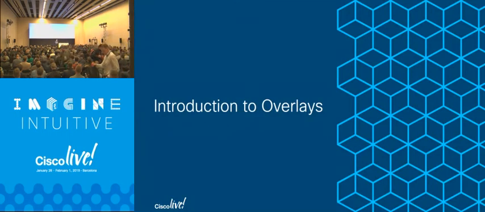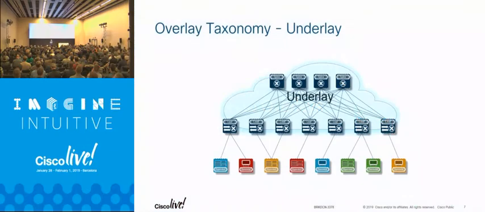So with this, let's dive right away into it. I want to give you a little introduction into overlays, the components, some of the terminology, and some of the concepts, some of the puzzle pieces which are there. In essence, as I said, the starting point is what we call the underlay, the transport network.